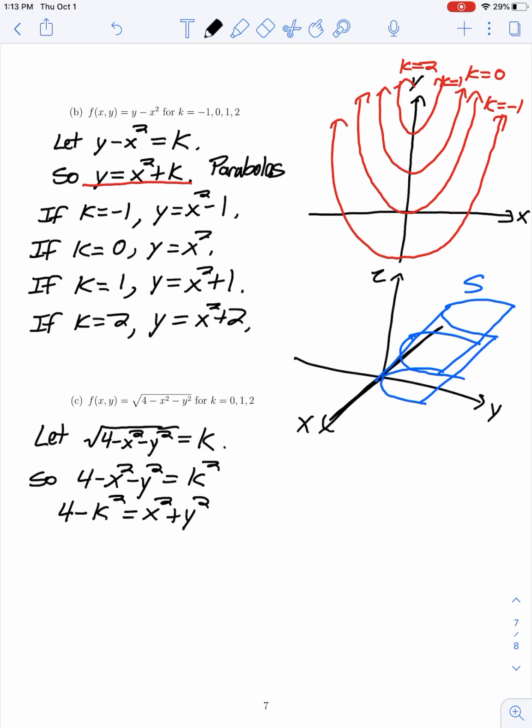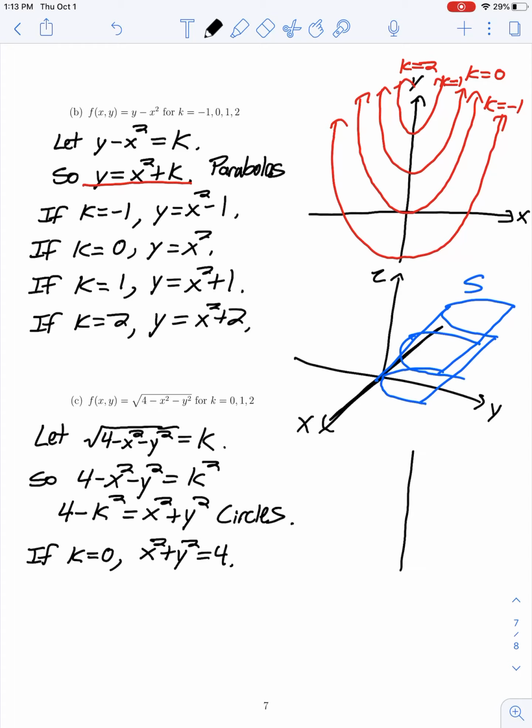So if we have the sum of x squared and y squared equal to some constant, our level curves would be describing circles in general, where the value of k affects the radius of our circle. So looking at the specific values of k that we were given here, if k is equal to 0, our equation is x squared plus y squared equals 4.